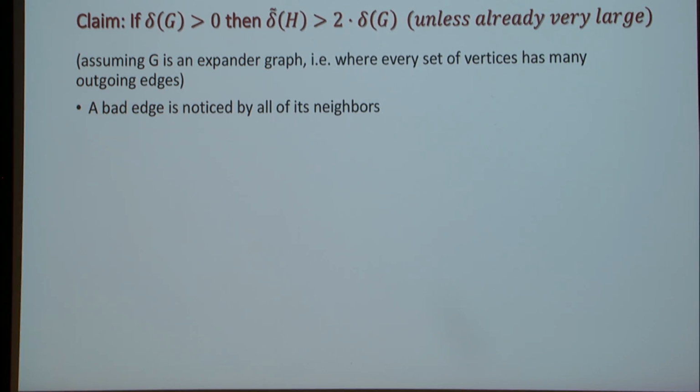Even if you're a bit away from this edge, but you're neighboring, you know the values of this edge, so you will notice this problem. If you have a bad edge between some u prime and v prime, and u is a neighbor of u prime and v is a neighbor of v prime, then because this radius is big enough, u and v will notice this problematic edge.